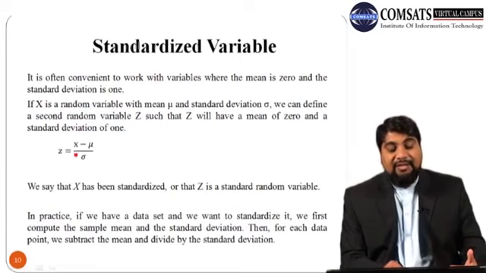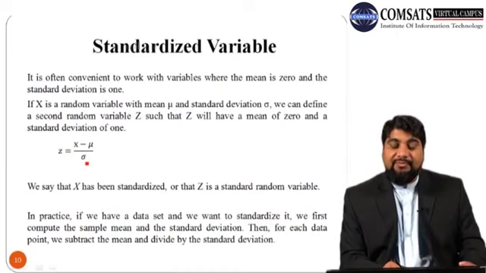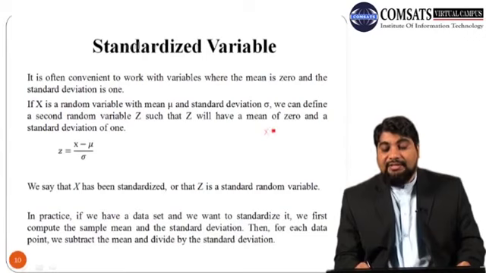So this z, which is x minus mu over sigma, now has mean 0 and standard deviation 1. So we can say that x has been standardized, or that z is a standard random variable. Suppose we have certain values of x, and suppose the mean of x is, let's say, 3.